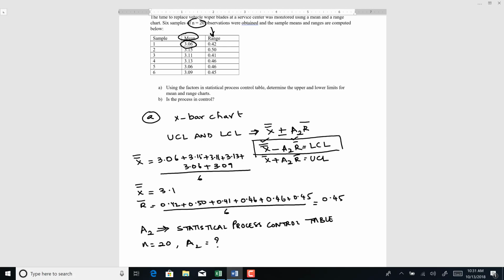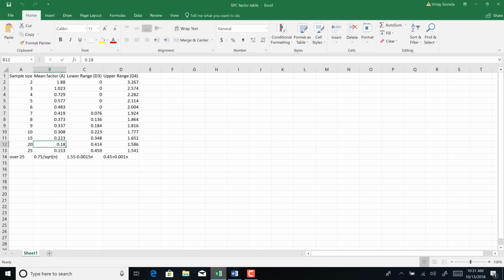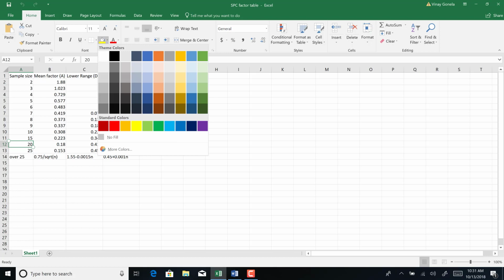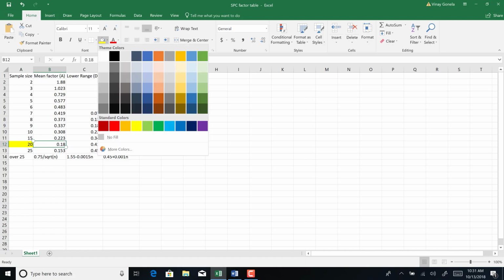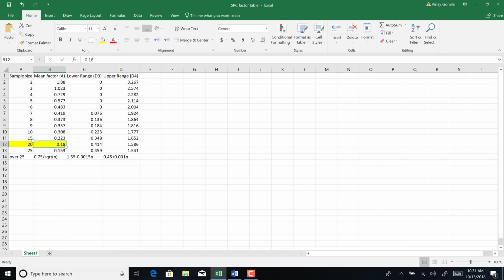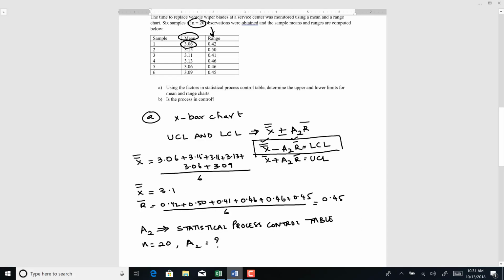The sample size here is the n value, and if you go to 20, I will highlight it with a different color. The A2 value here is 0.18. So that's our A2.